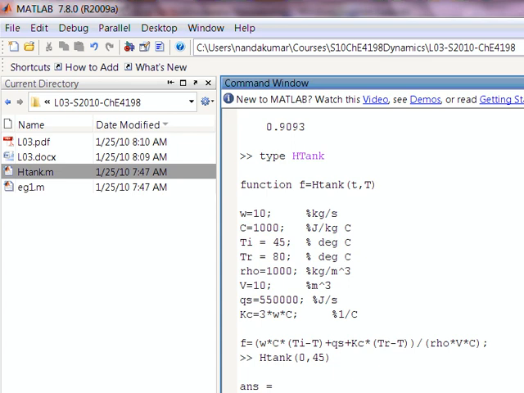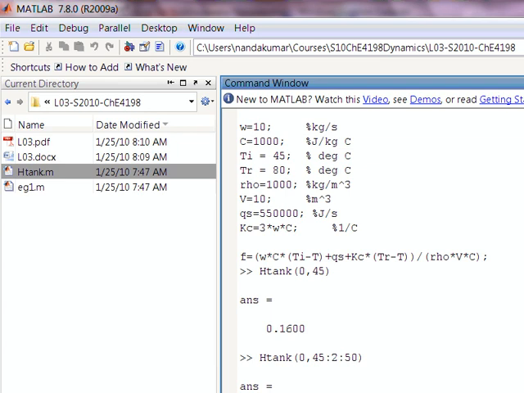For temperature, for the second argument, I'm saying, take a range of values from 45, 47, 49, all the way up to 50, and return the values for the function for each one of them. Okay? So between 45 and 50, in steps of 2, you will have 45, 47, 49. So for each one of those values, these are the function values. Okay? So Matlab has calculated all the three function values and returned them.